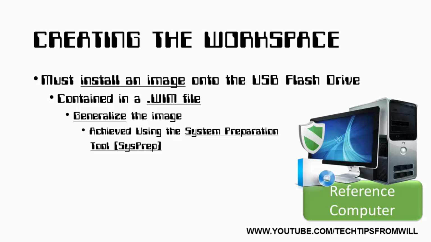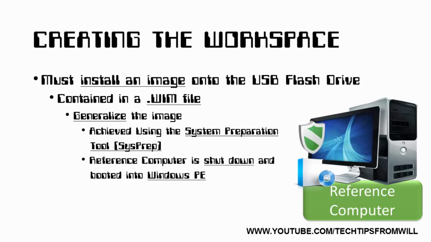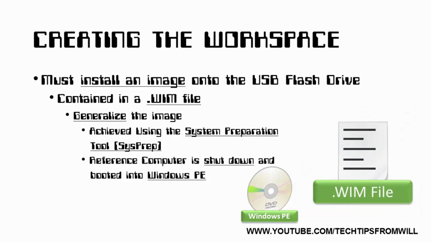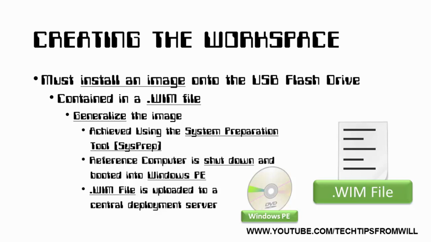After the reference computer is generalized, it is shut down and is then booted with a special boot image called a Windows pre-installation environment. The image is then turned into a .wim file and is uploaded to a central server, usually a Windows Deployment Services server.